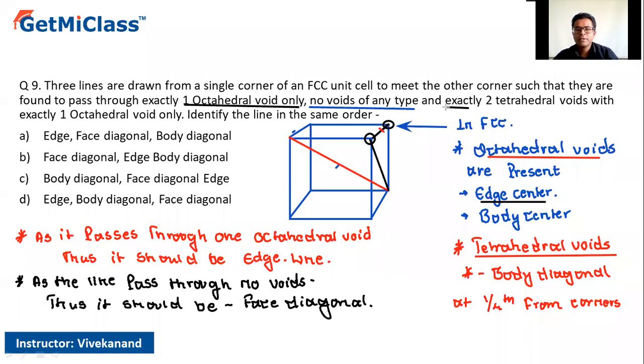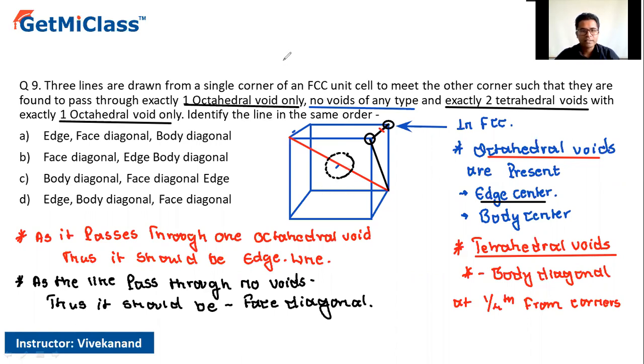Let's see the condition number 3. So according to condition number 3, 2 tetrahedral voids with 1 octahedral void. Now, we know that the tetrahedral voids are present near the corners and octahedral voids are present in the center of the body. So if I consider this is a position of our octahedral void.